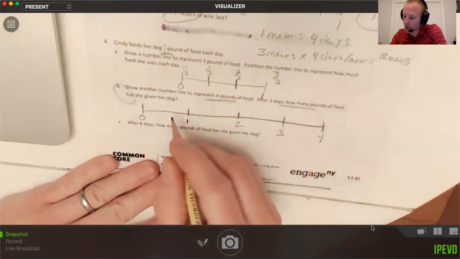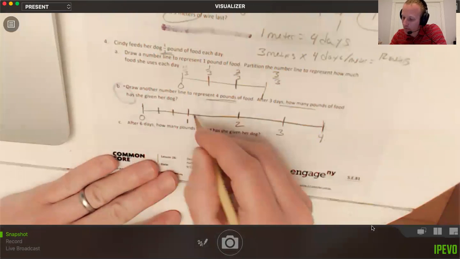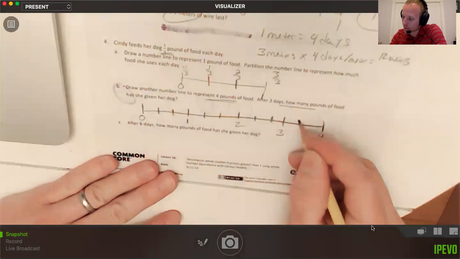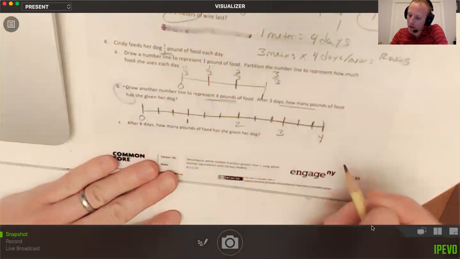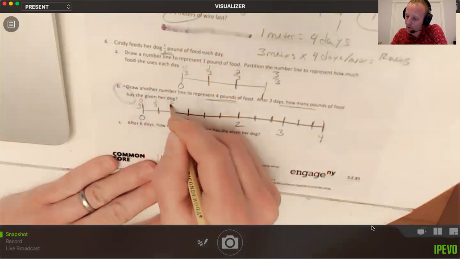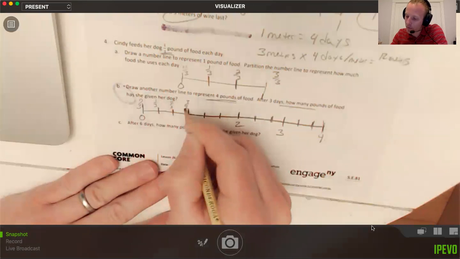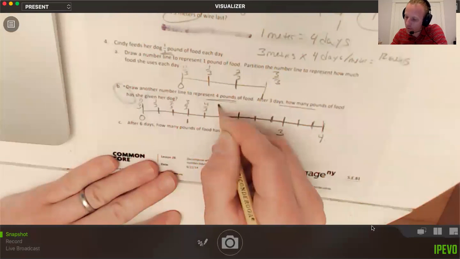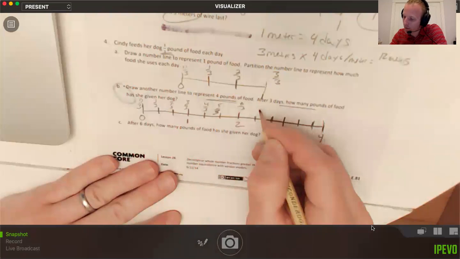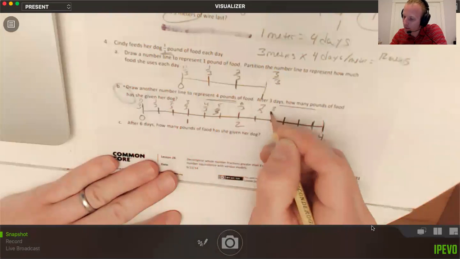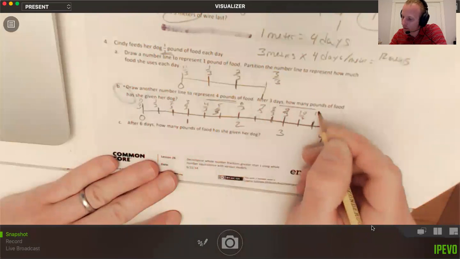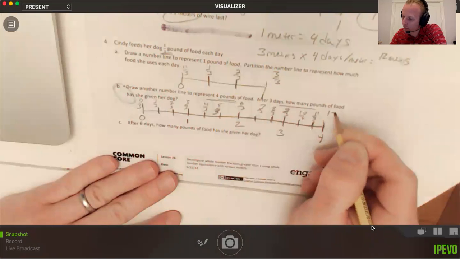And I need to split each into thirds. Okay. So I have 0/3. I'm going to label the whole thing. 1/3, 2/3, 3/3, 4/3, 5/3, 6/3, 7/3, 8/3, 9/3, 10/3, 11/3, and 12/3.